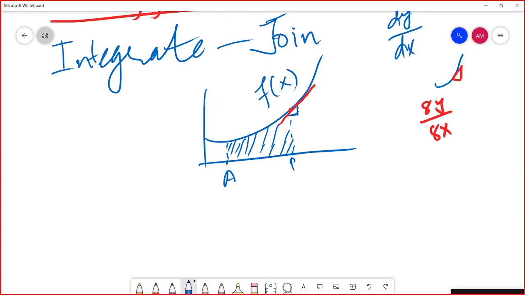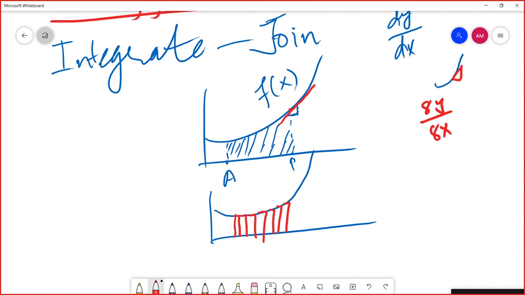What does it mean? If I make the same curve again, what we would be doing is we would make very small rectangles. We would have these rectangles till this point P, and then we would add them together.